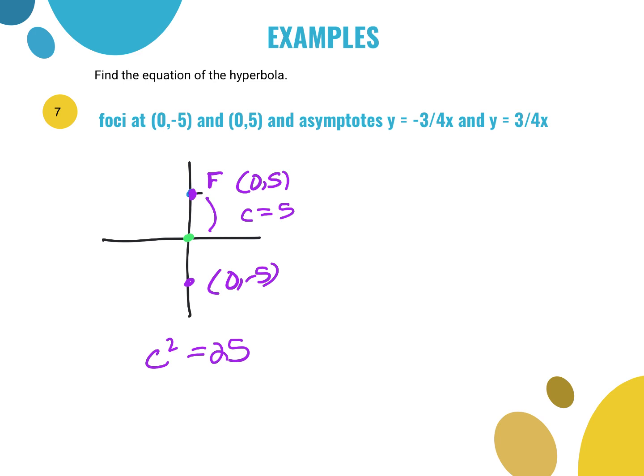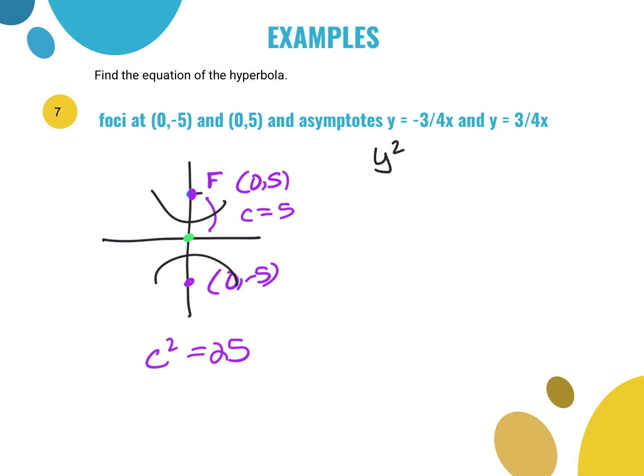I'm also given an asymptote. Now, remember, for my hyperbola, the foci are also on the same axis that the vertices are. So my hyperbola would look like this. So it's transversing the y-axis.